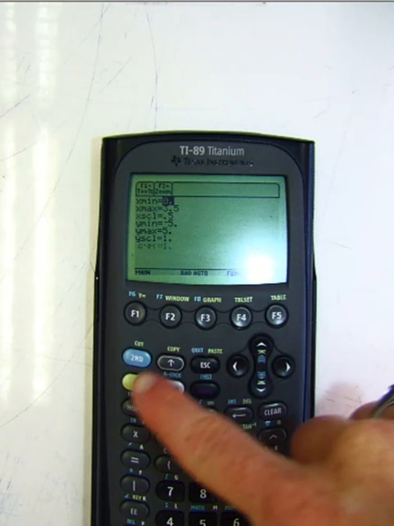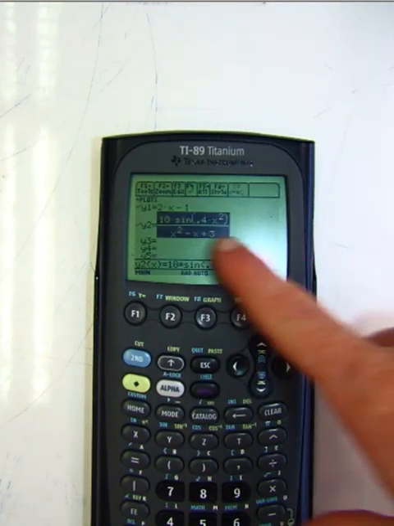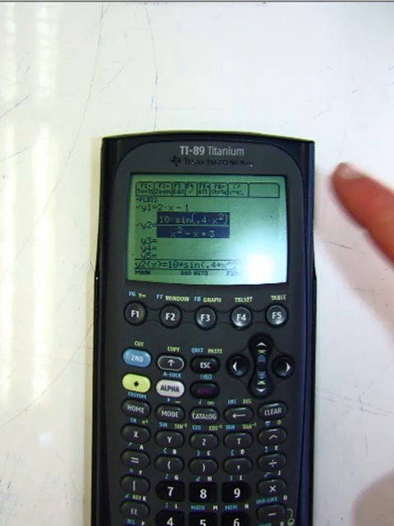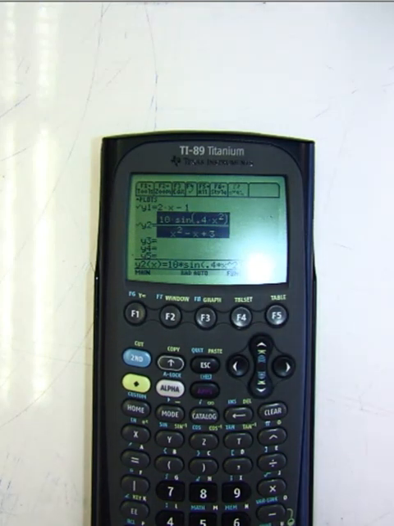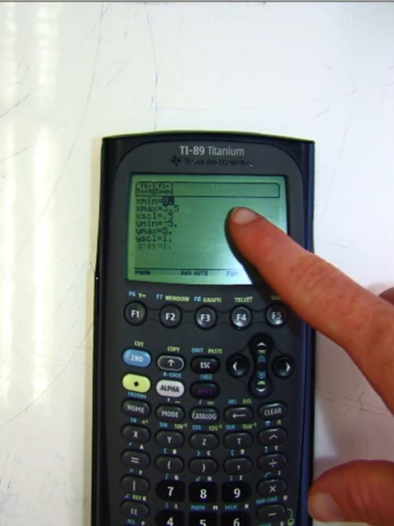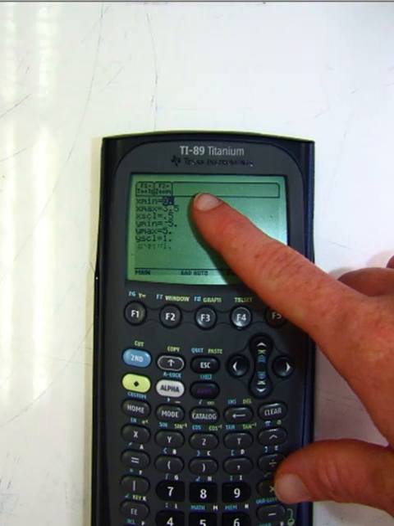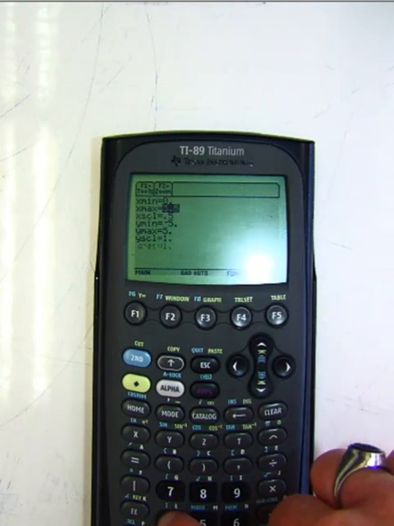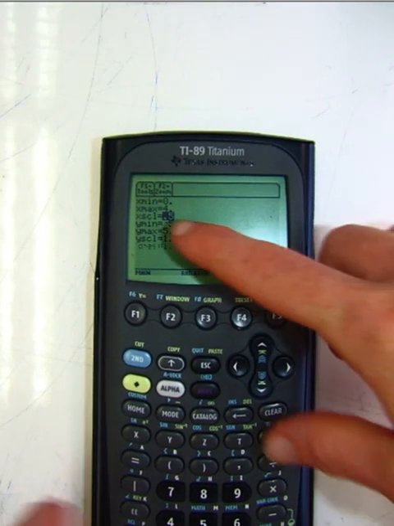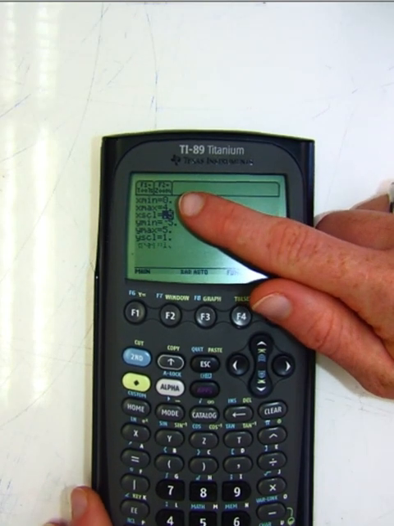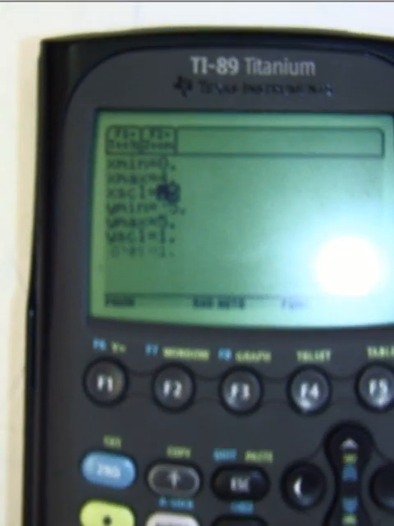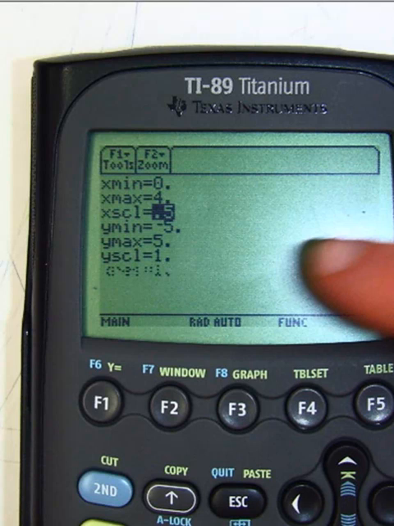Okay, so let's say they're asking me about this function right here, this very complex rational function with a trig function in the numerator, but they only want the solutions between, let's say, 0 and 4. So instead of graphing the entire function, I'm going to change my window so that it's between 0 and 4 there.